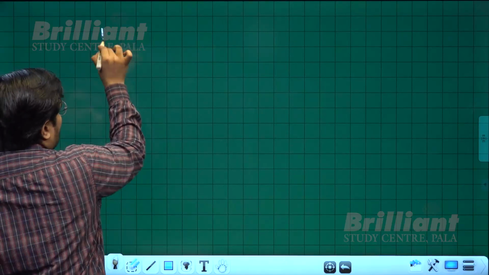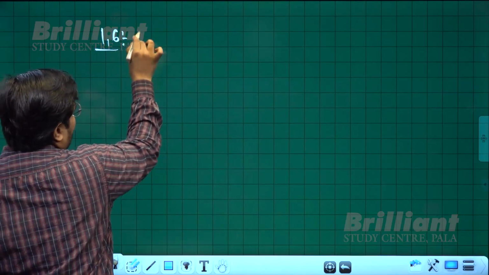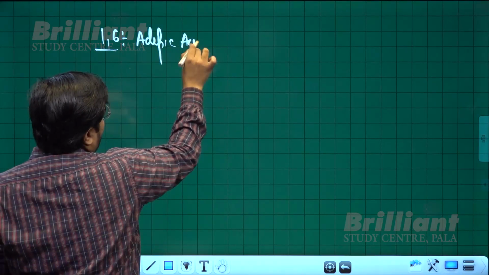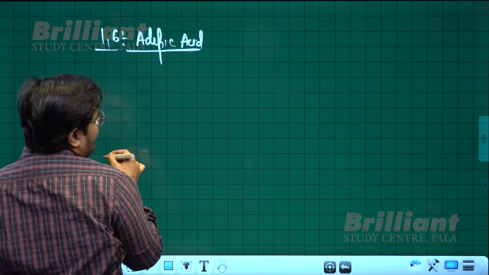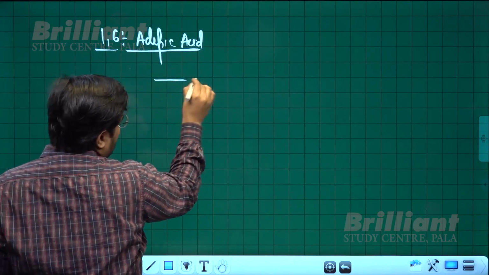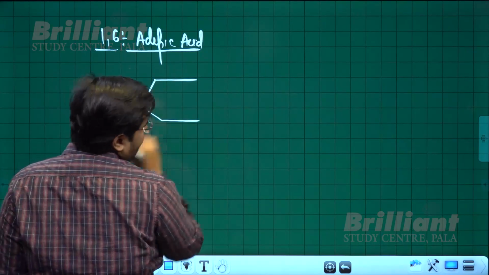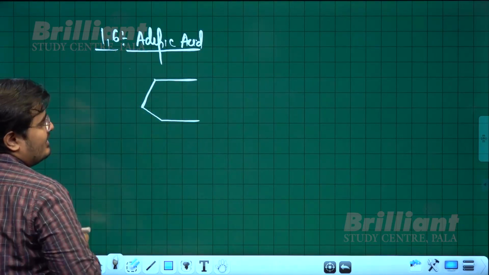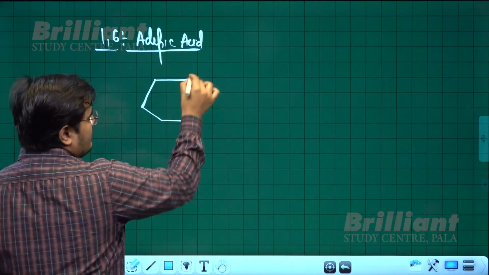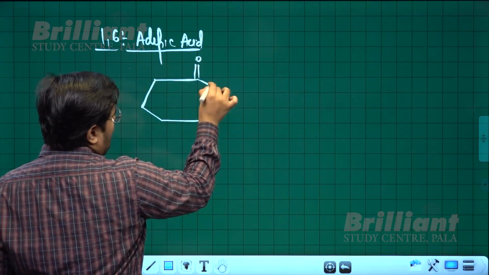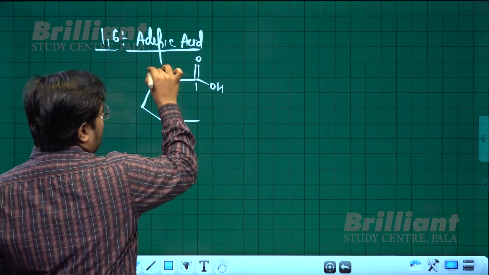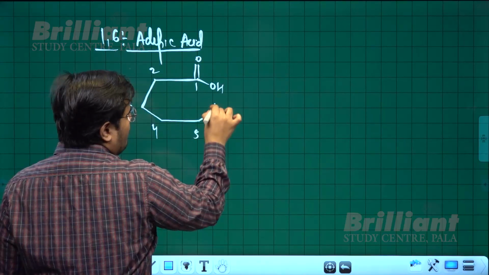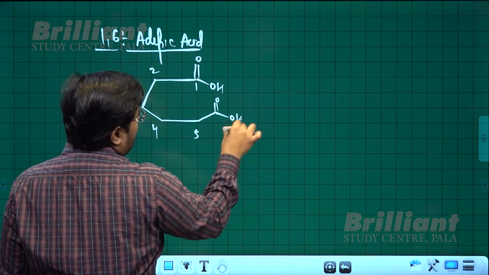Whereas when we go with 1,6, which will be adipic acid, they will be separated by how many carbons? Here they are separated by 4 carbons. So if I make one COOH group here, this will be 1, 2, 3, 4, 5, and there will be one more COOH.